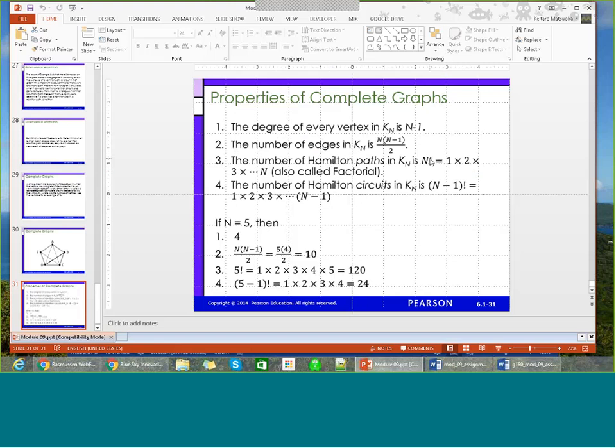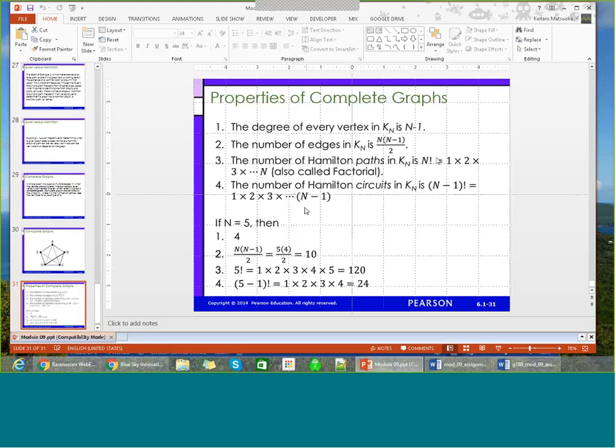This exclamation point is called a factorial, so n factorial. The way it works is that if you have 5 factorial, for example, you multiply that number by 1 less than that until you reach 1. So 5 factorial will look like this: 5, 4, 3, 2, 1, or 1, 2, 3, 4, 5.